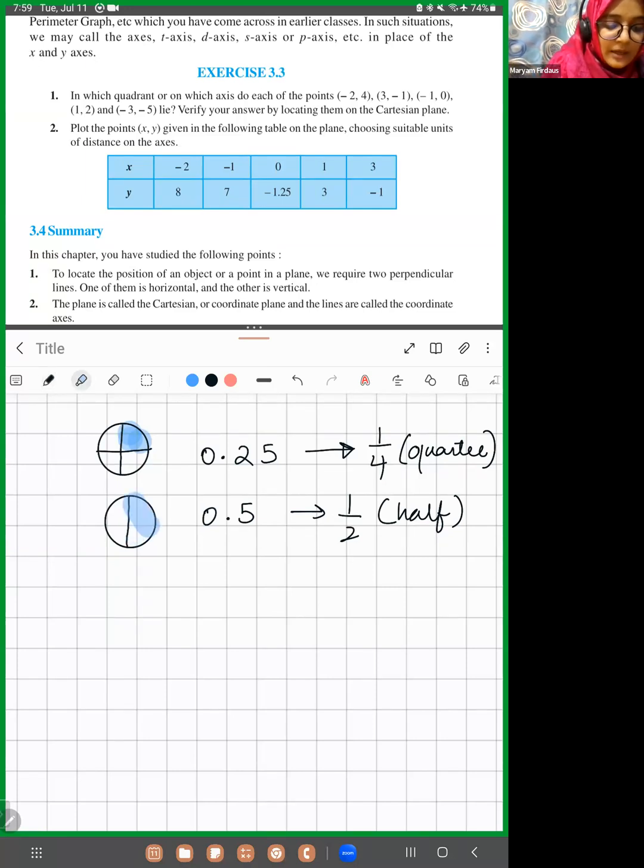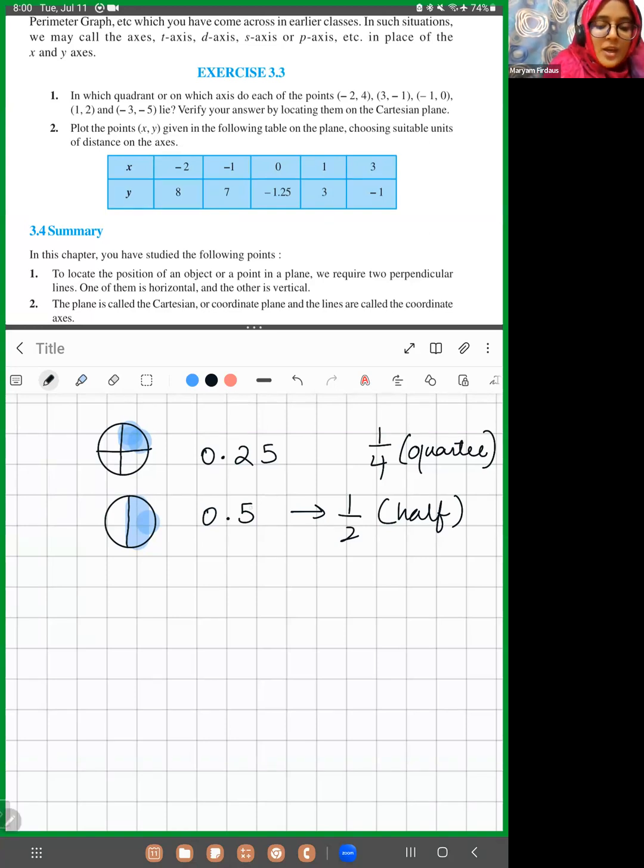Now can you tell me, Abdul Rahman, how much difference do you think there is between both of them? Well, the difference is that you take only one slice, but with half you take two. Yeah, in other words, half is basically double of a quarter, right? Which one is bigger now? 0.5.